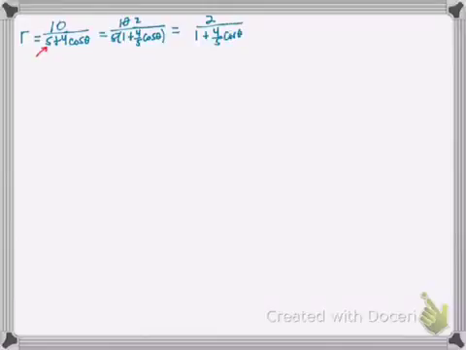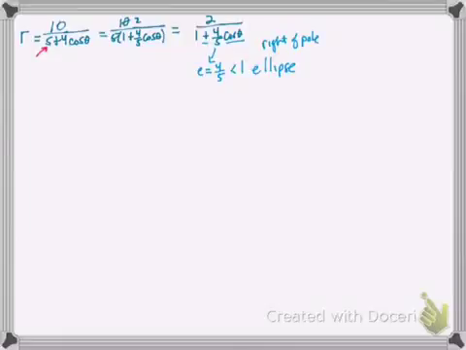Okay, so let's get all the information we can get from this. And so 4/5 tells us that's what e is, which is less than 1. So we're going to work with an ellipse this time. The plus cosine tells us it's going to be to the right of the pole.